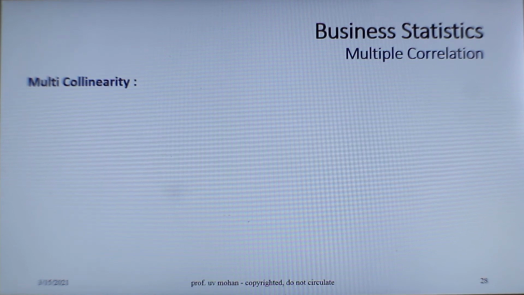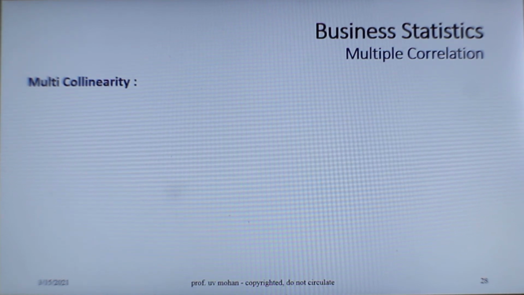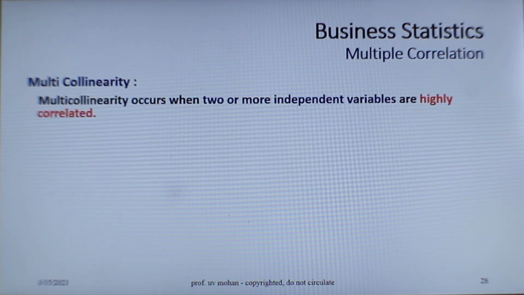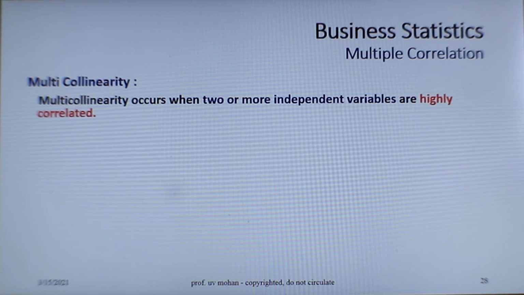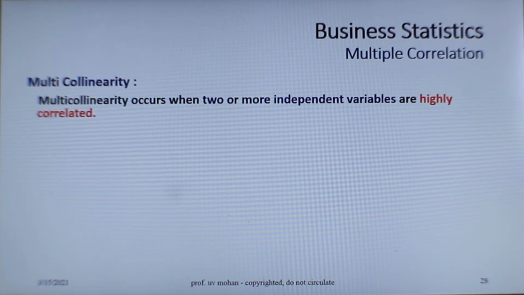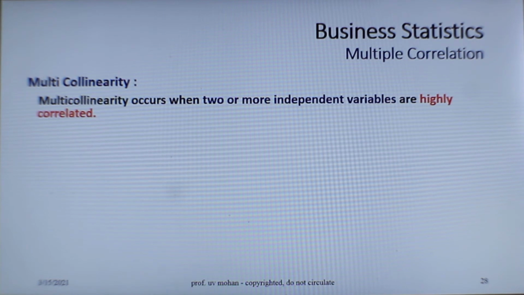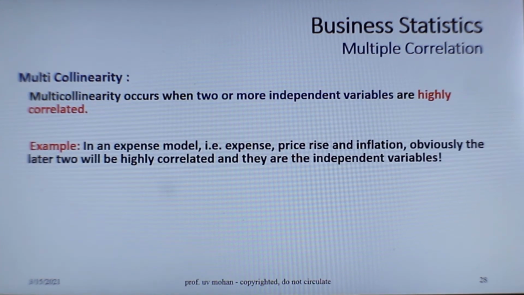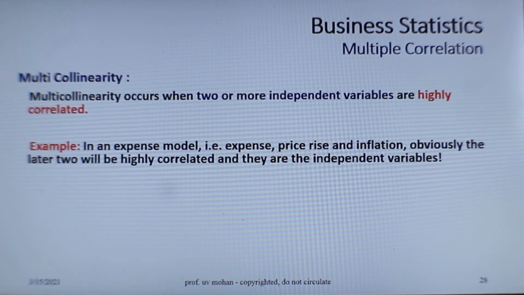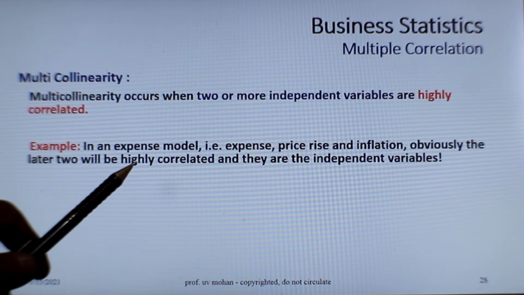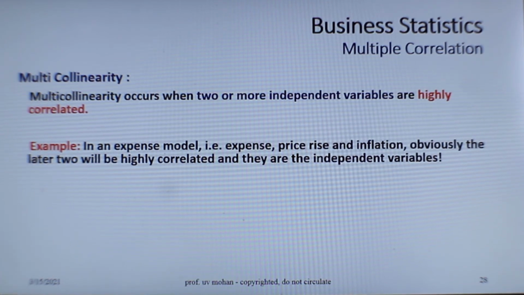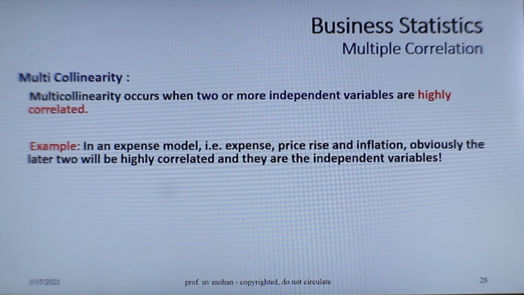Finally, we will talk about multicollinearity. What is multicollinearity? Multicollinearity occurs when two or more independent variables are highly correlated. We will see by way of an example also. Now, in this example, an expense model, the expense, price rise and inflation are considered.